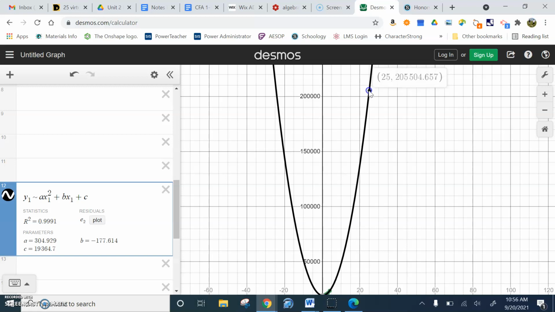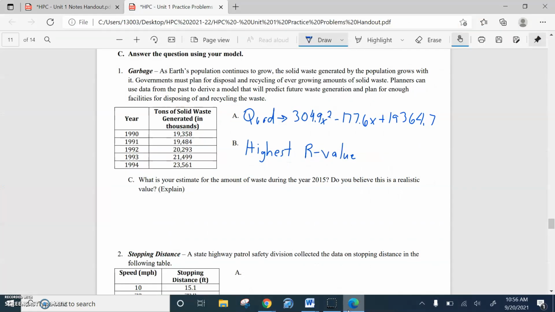There we go. So at that point in the year 2015, the estimated tons of solid waste generated is 205,504 tons. So 205,505, 205. And by the way, the unit symbol for tons, at least for ours, because there are different kinds of tons, is just a capital T.